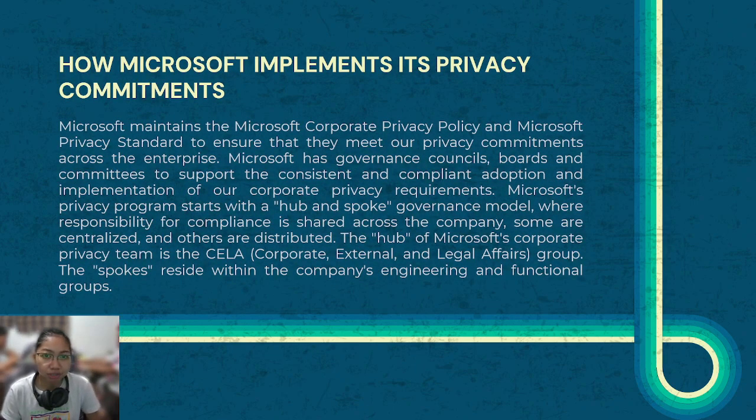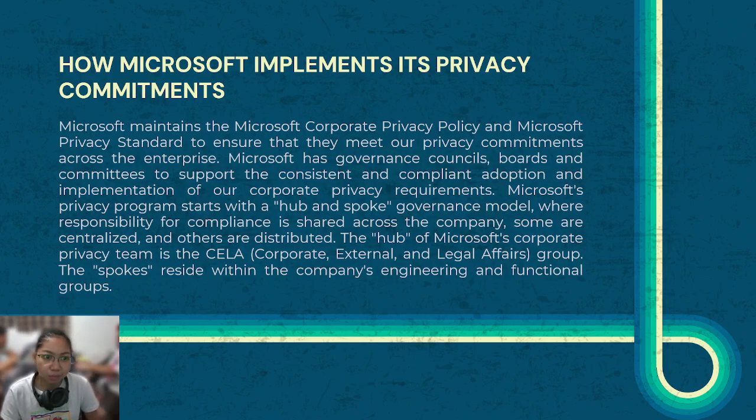How Microsoft implements its privacy commitments. Microsoft maintains the Microsoft Corporate Privacy Policy and Microsoft Privacy Standard to ensure that they meet our privacy commitments across the enterprise. Microsoft has governance councils, boards, and committees to support the consistent and compliant adoption and implementation of our corporate privacy requirements.